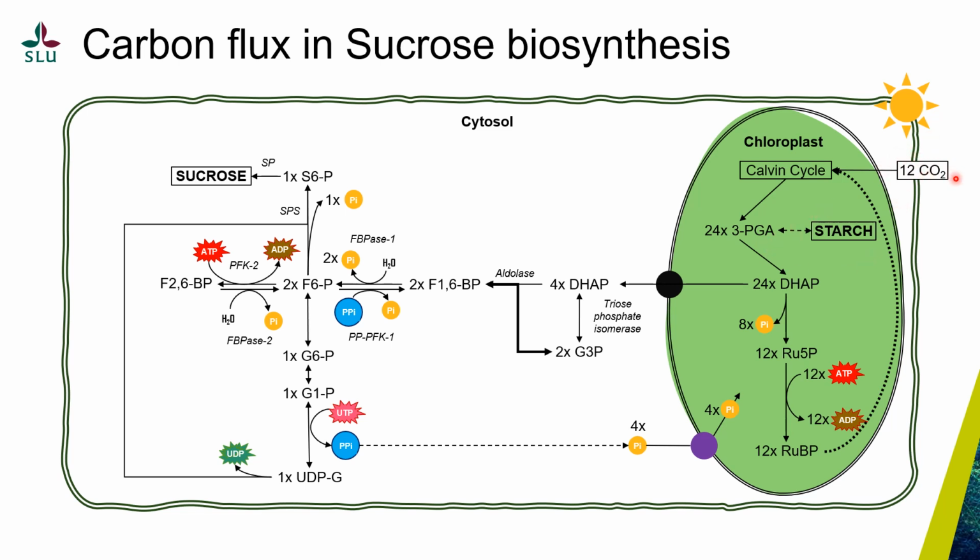So carbon dioxide, carbon molecules are imported into the plant. They could be converted into triose phosphate sugars or hexose phosphate sugar, starch and glucose and fructose.